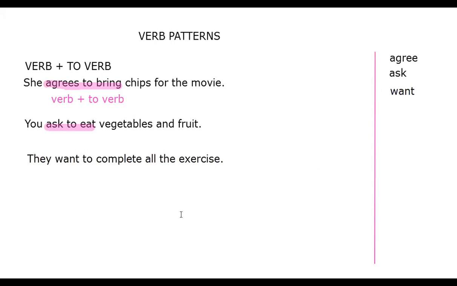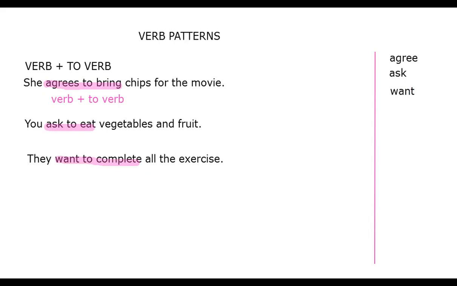They want to complete all the exercise. So want is another verb that we use with to. All right, so here we have verb pattern number one, verb plus to plus a verb.